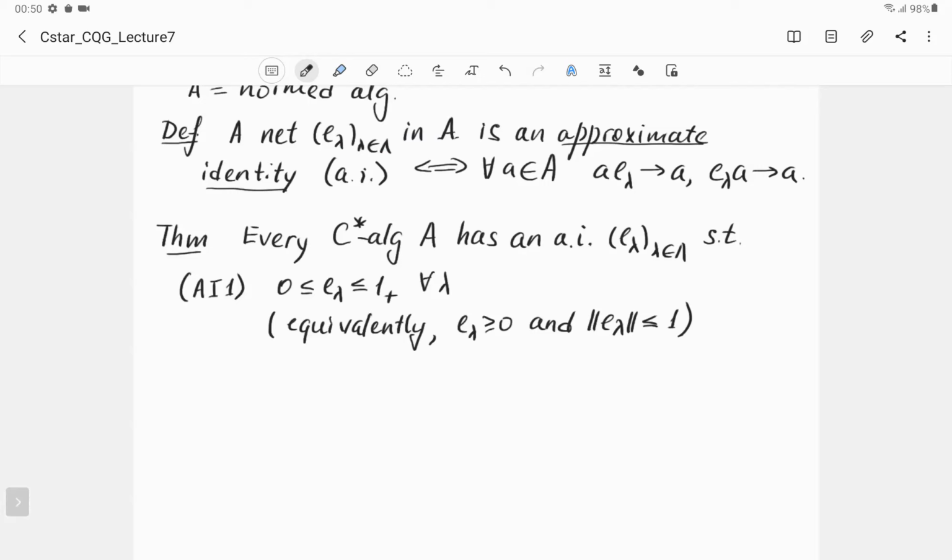So these two conditions are indeed equivalent. And condition 2, AI2: our approximate identity is monotone. That is, if lambda is less than or equal to mu, then e lambda is less than or equal to e mu.